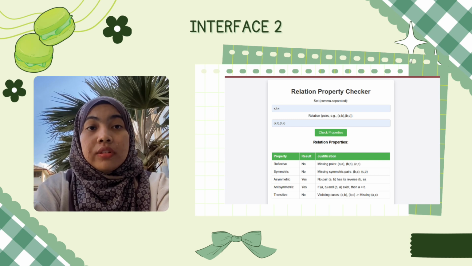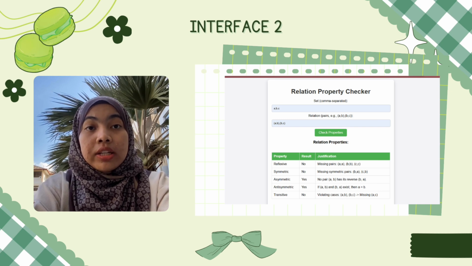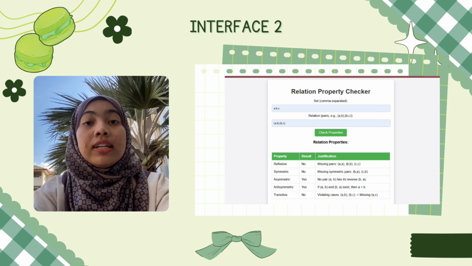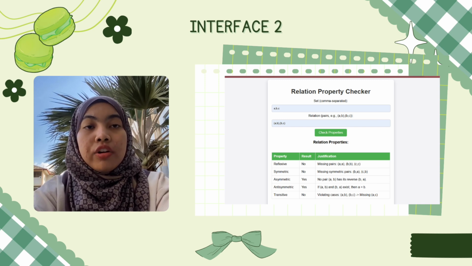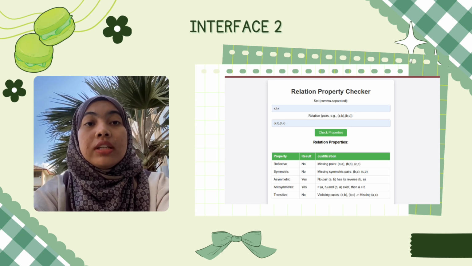For reflexive, the result is no because some elements of the set, for example (A,A), (B,B), and (C,C), are not included in the relation as shown in the justification. For symmetric, the result is no because certain symmetric pairs, for example (B,A) and (C,B), are missing from the relation.